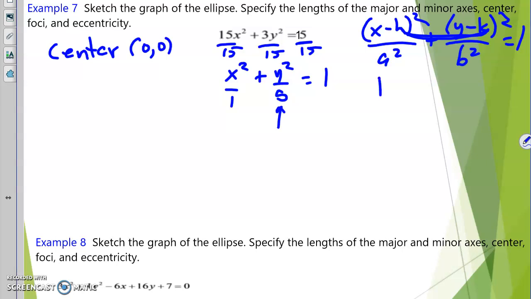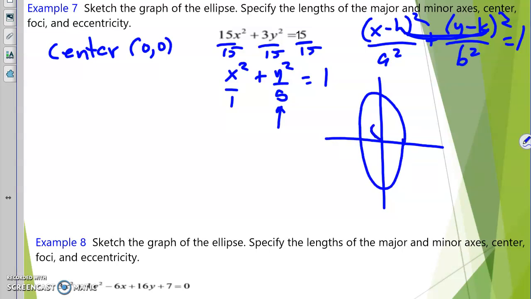So I know that the orientation of this thing is going to be more this direction. My A is going to be the square root of 5. And my B, square root of 1, is 1. So if we're looking for our vertices, they would be the square root of 5 up and the square root of 5 down.